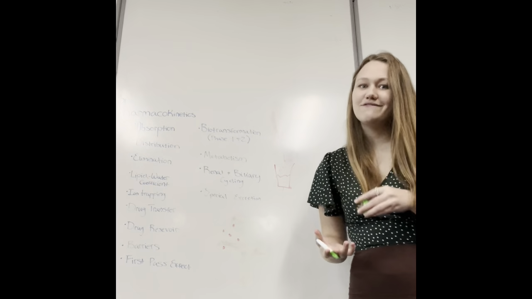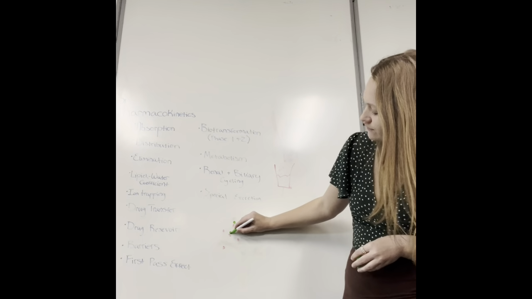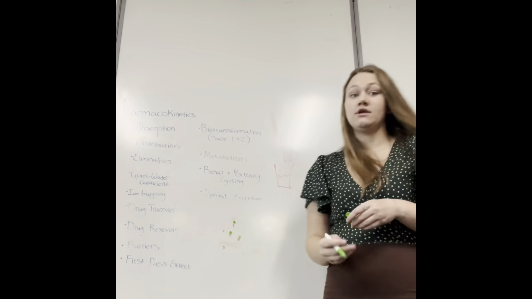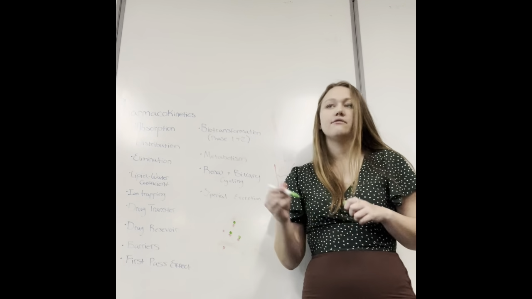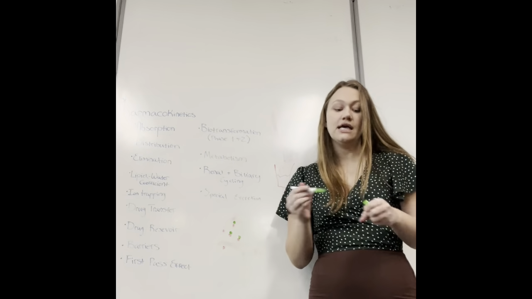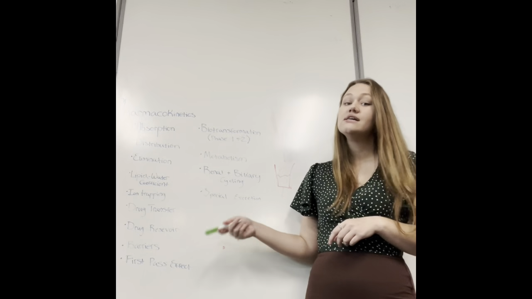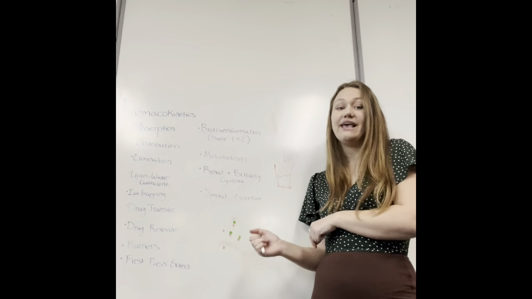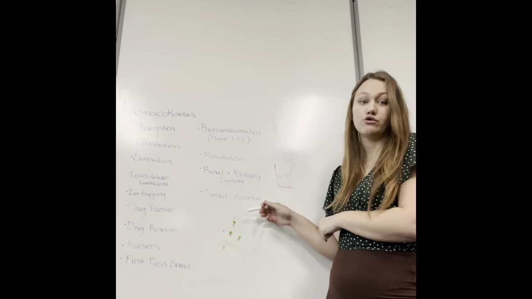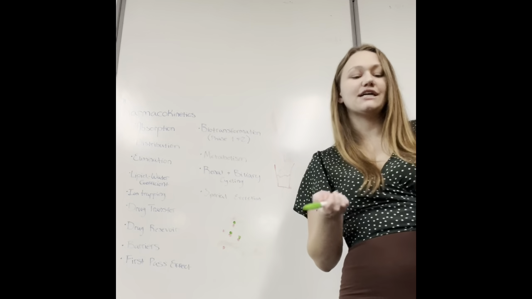But you only have 3 carriers. So you have a carrier for this one, a carrier for this one, and a carrier for this one. Well, you only have 3 carriers. All of those carriers already have 1 molecule, so they're saturated. If you want these other 2 drugs to get across, you're going to have to wait until these carriers cross the membrane and then come back, right? So that's what it means by saturated.